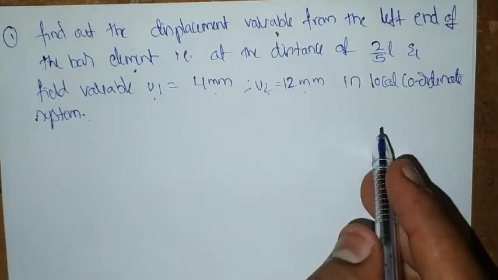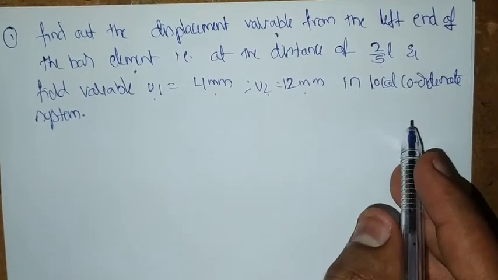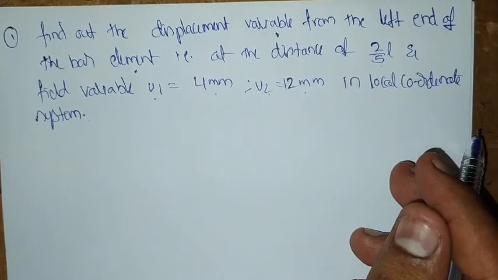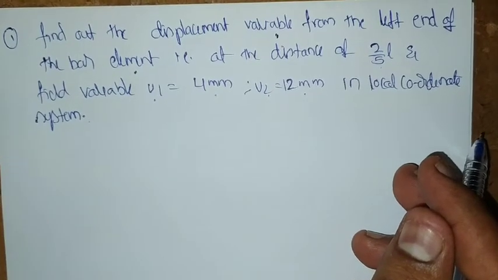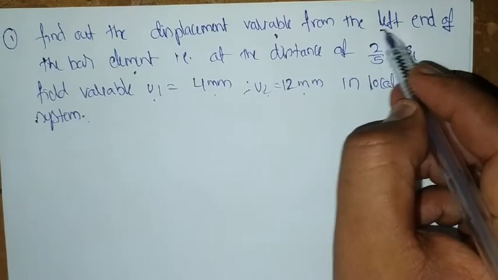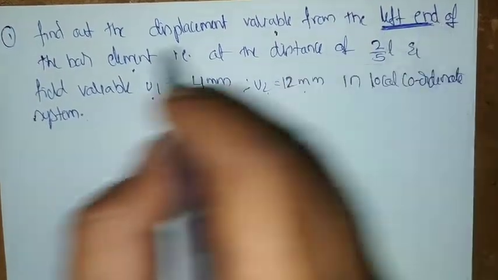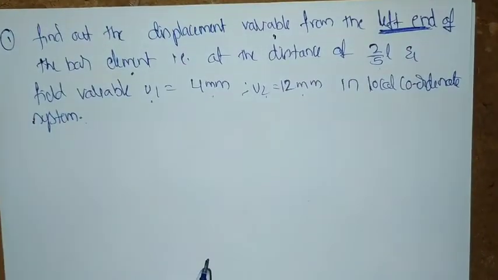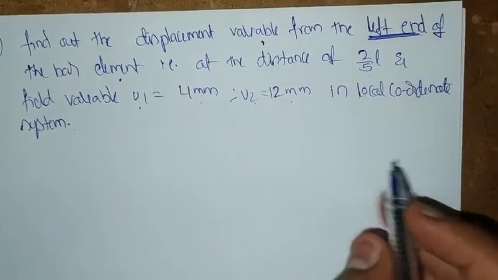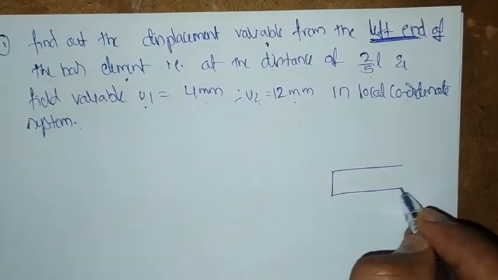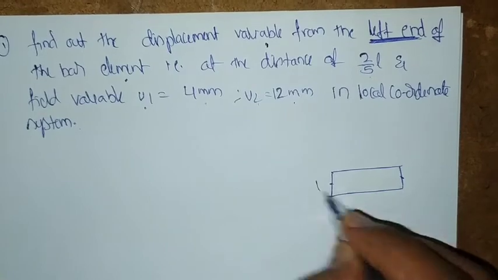In the local coordinate system we have found the two shape functions at the starting of our bar element and the center of our bar element. So in this problem he has asked, from the left end of our bar element, find out the displacement variable. The bar element he has given as 1 and 2.